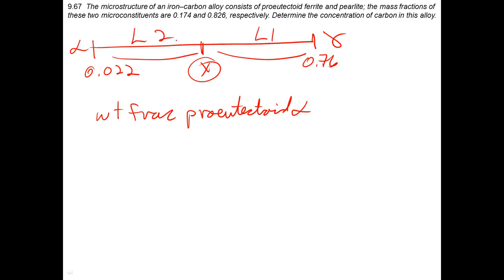Defining the lengths on either side of that unknown system composition as L1 and L2, I can calculate the weight fraction of the pro-eutectoid ferrite, L1 divided by L1 plus L2.